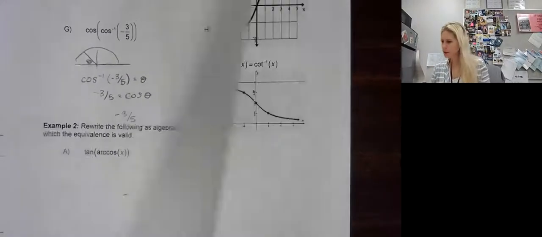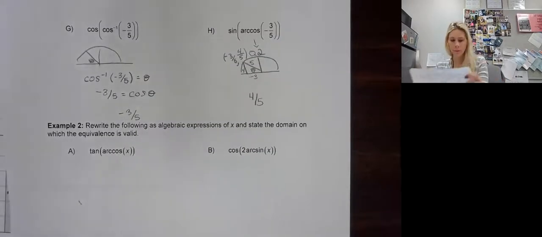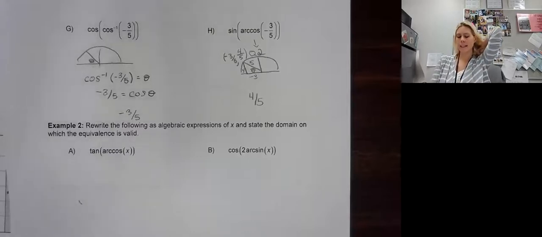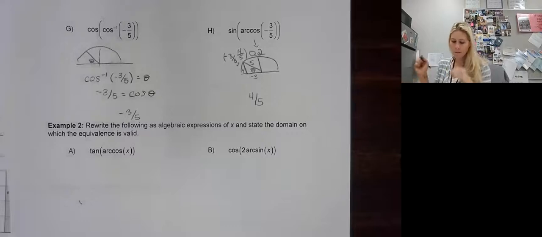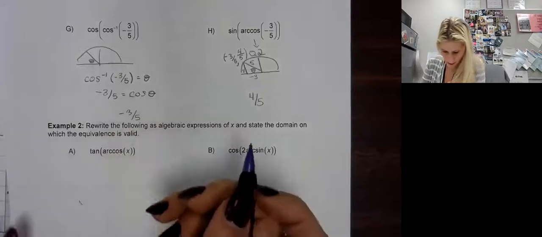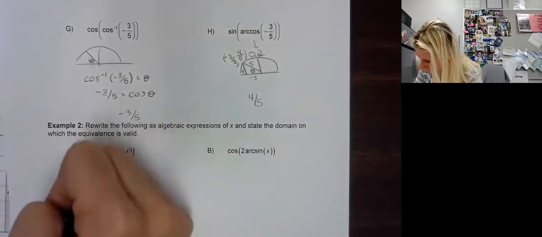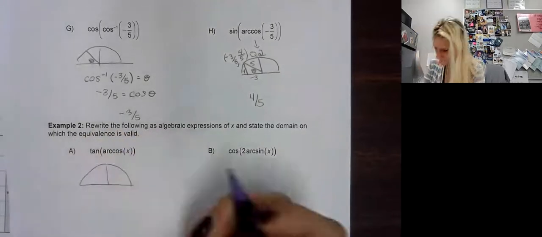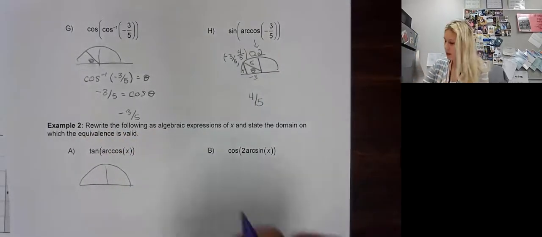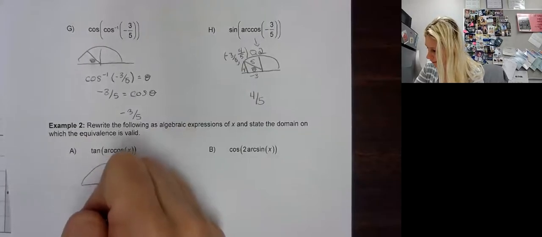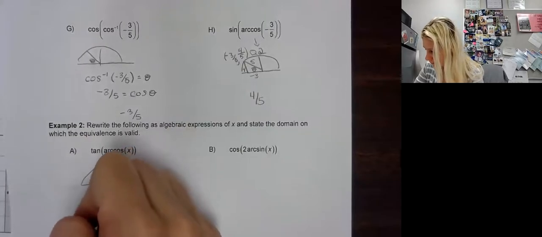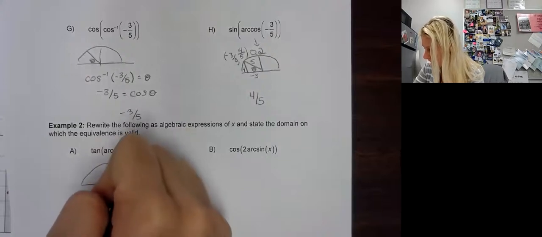All right, we're doing two more problems restricting the domain. It says, rewrite the following as algebraic expressions of x and state the domain on which the equivalence is valid. Okay, so first of all, if we look at our cosine, I'm going to think of a theta right here, where cosine is x.